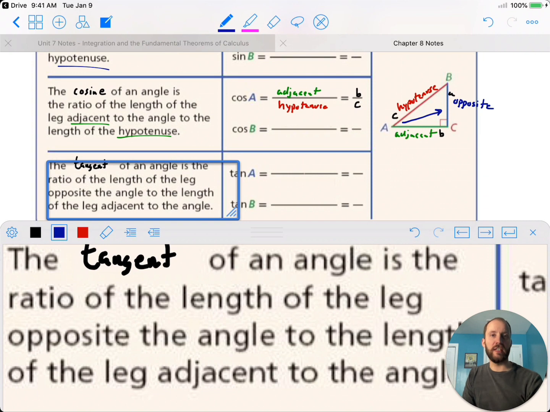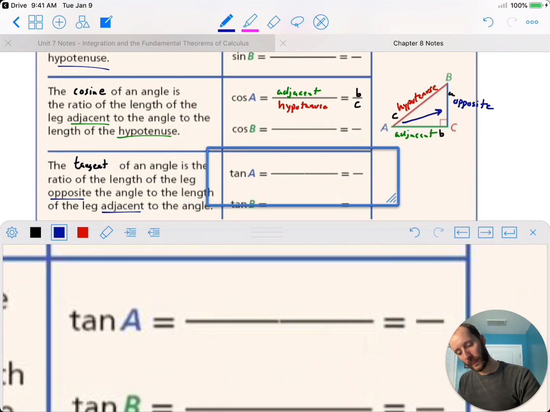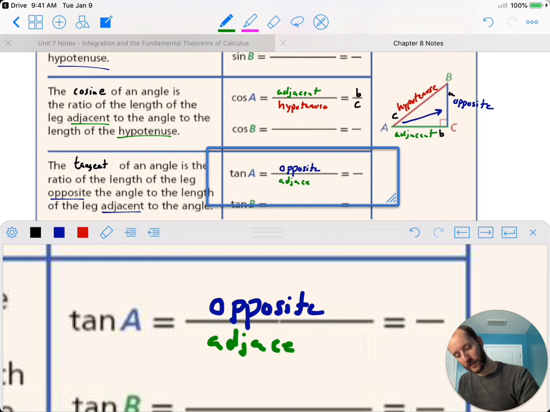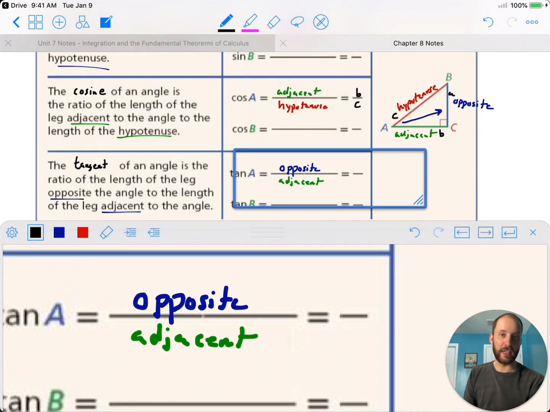Now tangent is the one that doesn't use the hypotenuse. You have the opposite over the adjacent. So tangent, opposite, and the denominator, adjacent. When you fill that in from the lengths of the triangle, that's a over b.